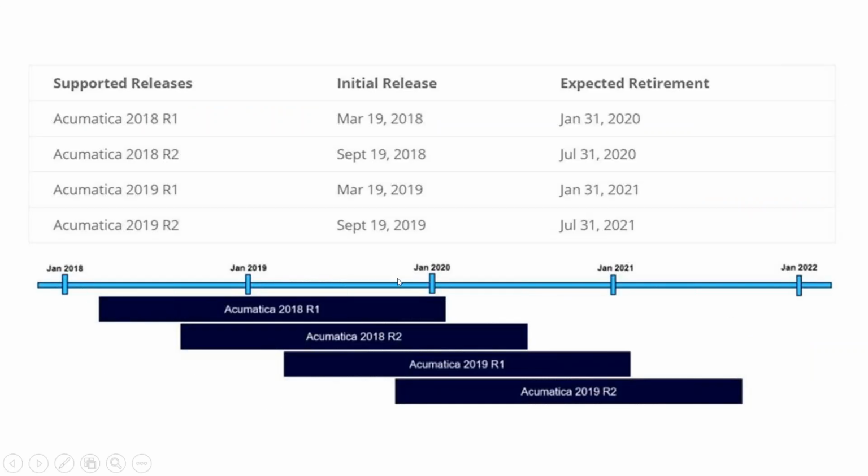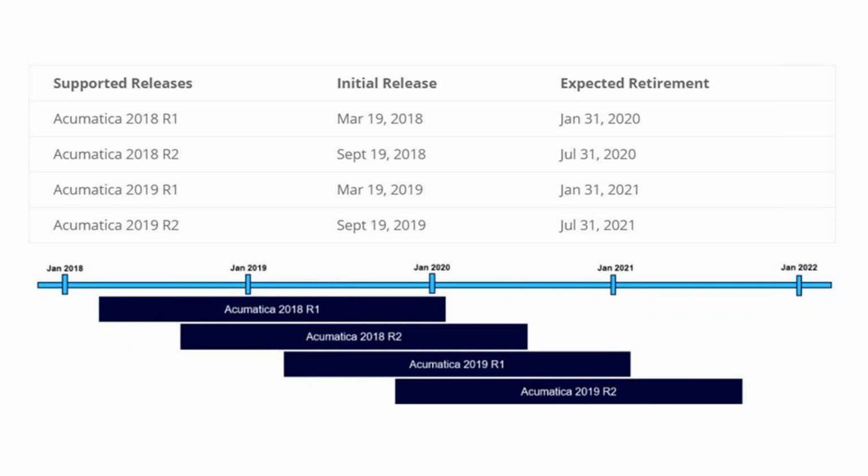So going to the next page, we see on here some of the most current releases from Acumatica. That's 2018 R1 through 2019 R2. You could see here their release dates and their expected retirement dates, and that window is approximately 20 to 24 months.